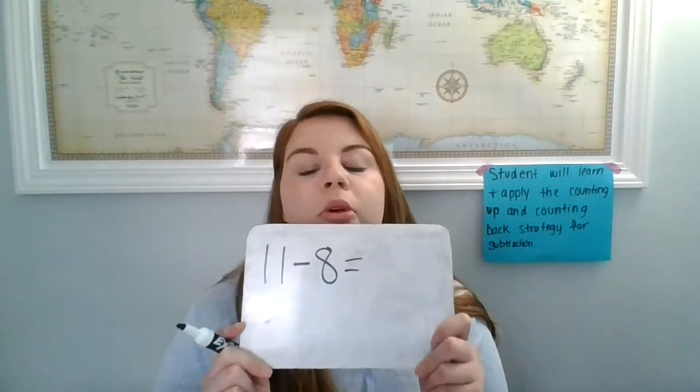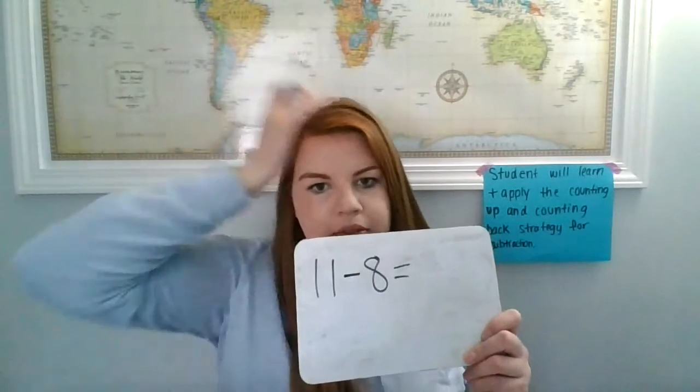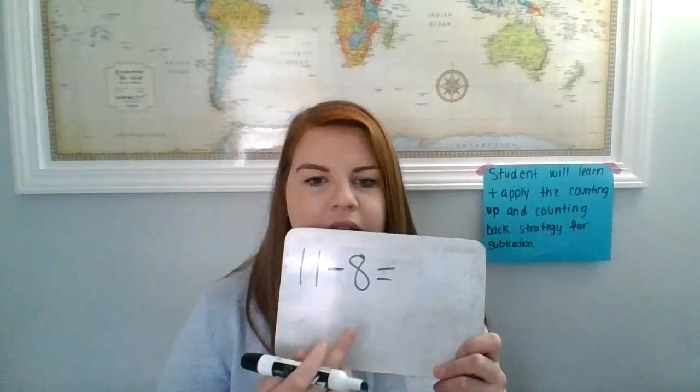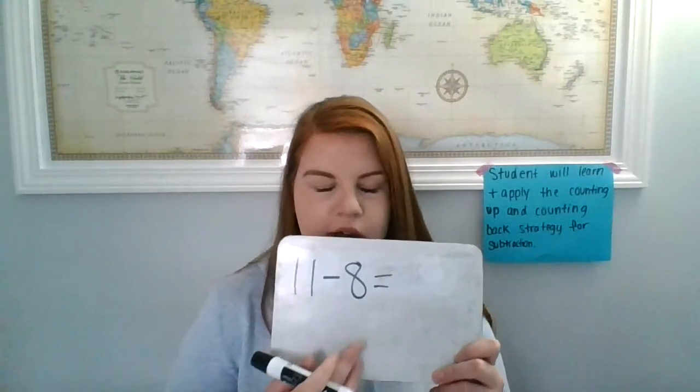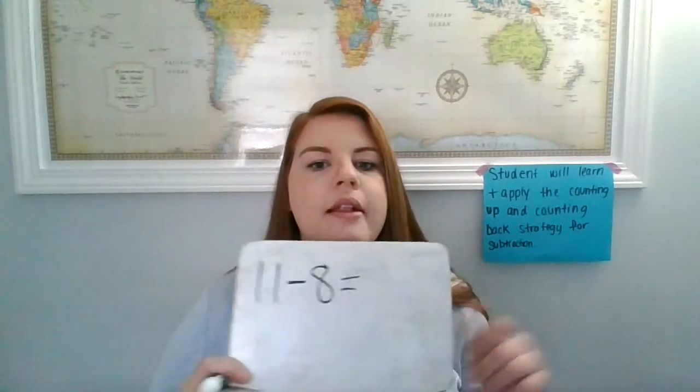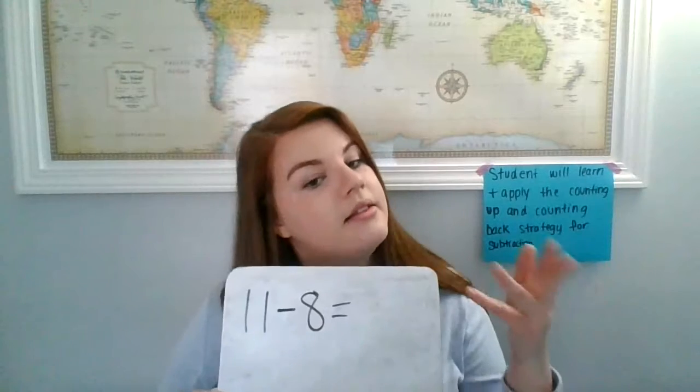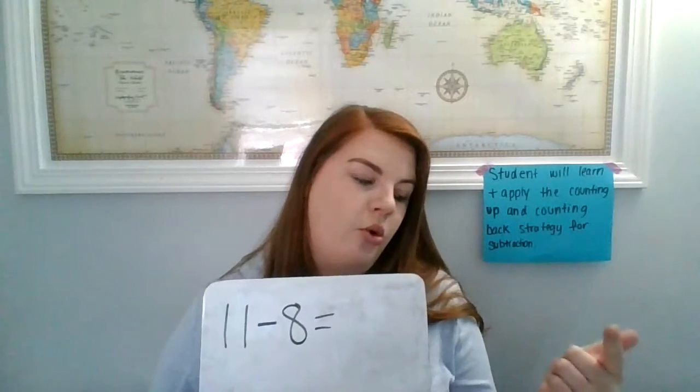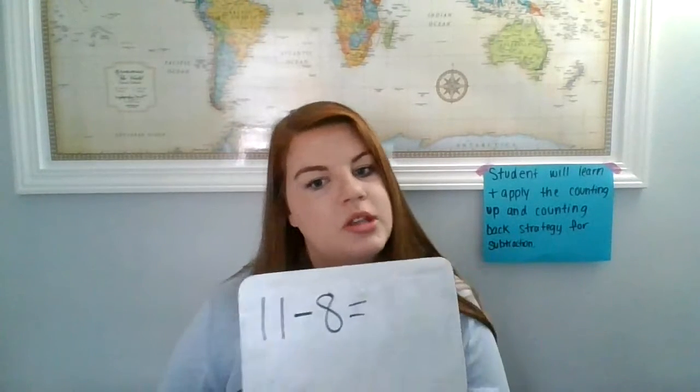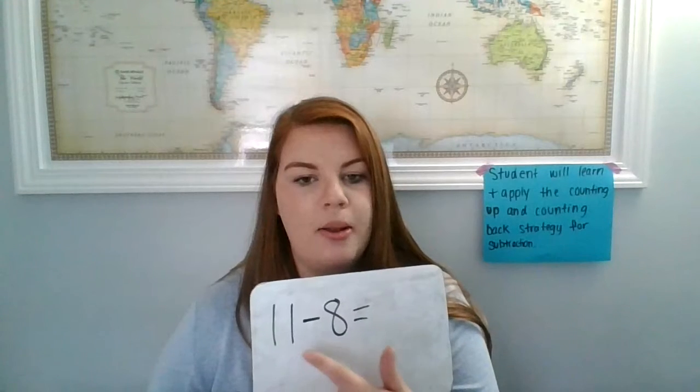So, in your brain, you can put 11 and count back 8 times. Let's try that. 11, 10, 9, 8, 7, 6, 5, 4, 3. So we just counted all the way back from 11. We counted back 8 times and we landed at 3. So that would be our answer.